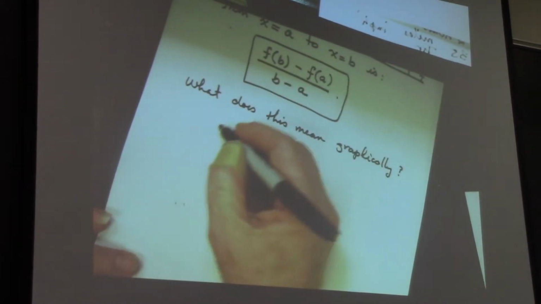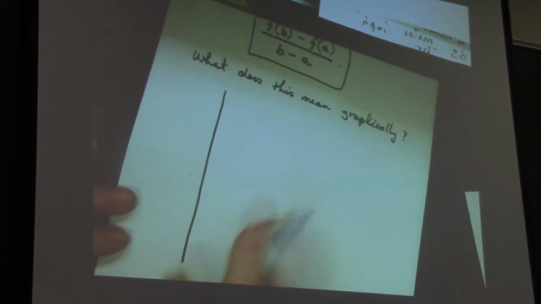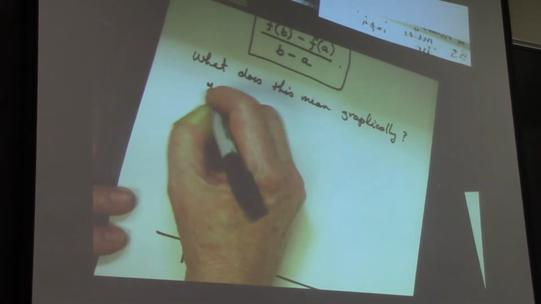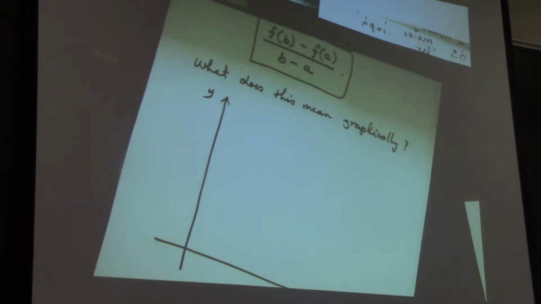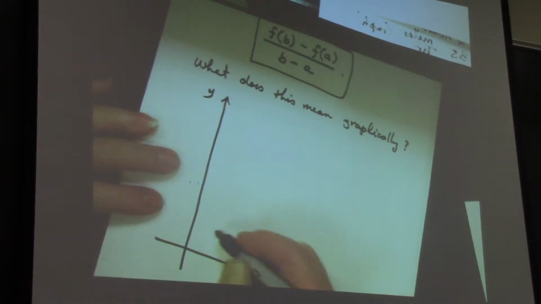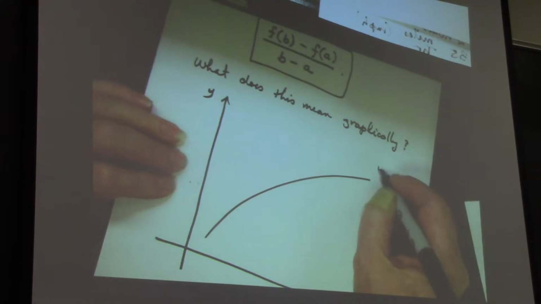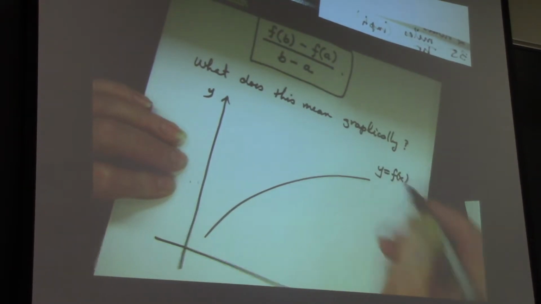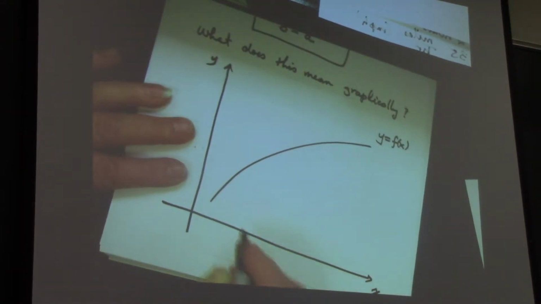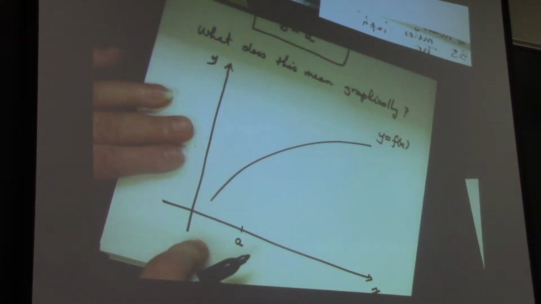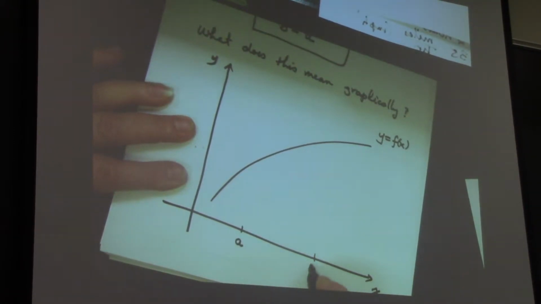Okay, so I'm just going to draw some arbitrary picture of some function. I mean, of course, it doesn't have to be in the first quadrant, but if it means something, probably x and y are positive. So let's say here's the graph of y equals f of x, okay? And then we're going from x equals a to x equals b.